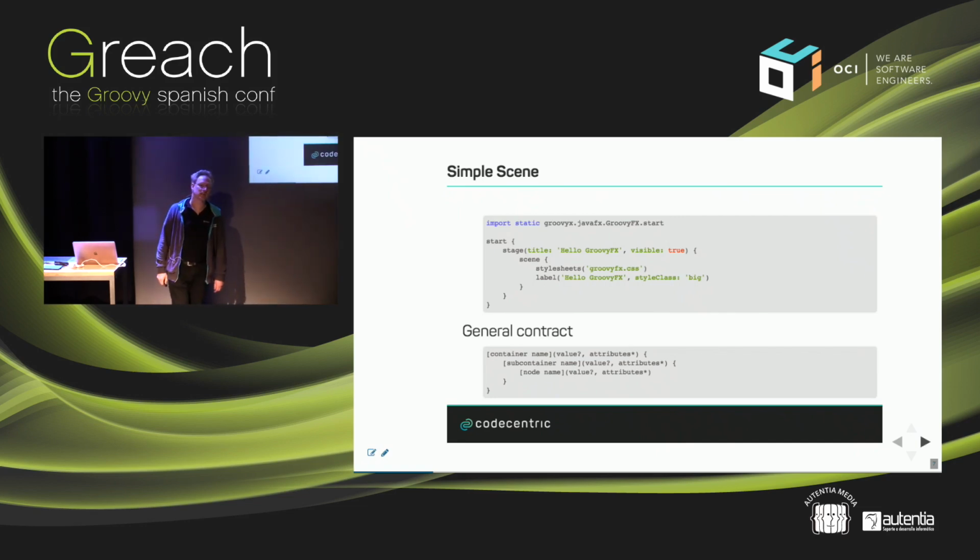And the contract says that there may only be one of them, and all the other arguments have to be named, like title and whatever. What these default, not named values are doing depends on where you are. For style sheet, it's just setting the style sheet. For a button, it's the text for the button, and so on. So this is kind of the definition of each node.